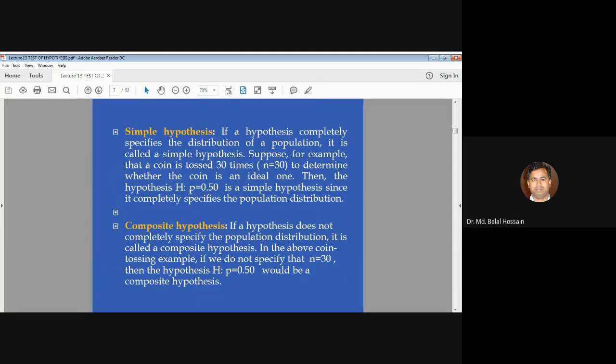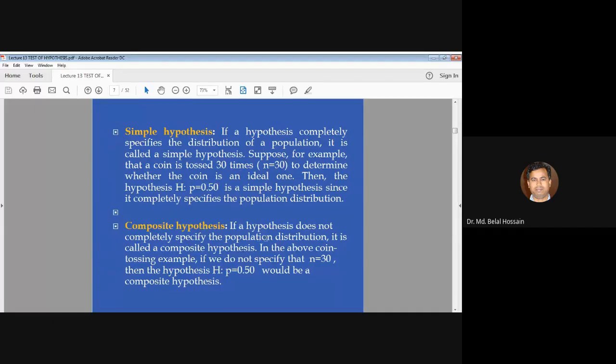Then the hypothesis p equals 0.50 is a simple hypothesis, since it completely specifies the population distribution. You know that a coin tossing experiment follows a binomial distribution. So when it is given that the coin has been tossed 30 times, that means n is given. And when it says test whether p equals 0.50, p is given, n is given, so this is a simple hypothesis.